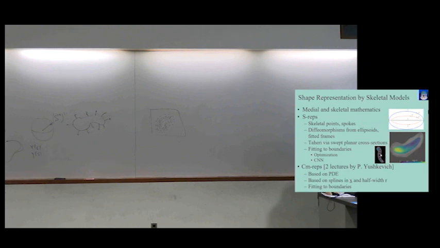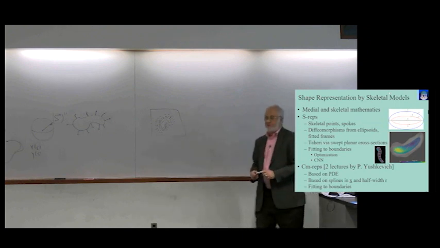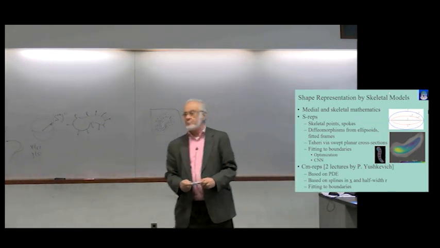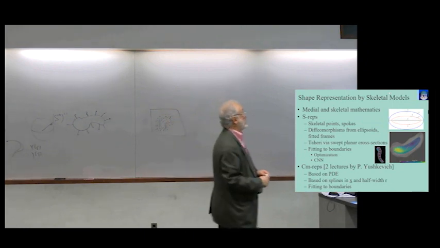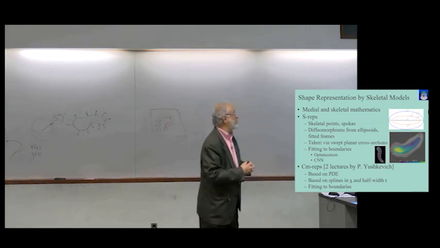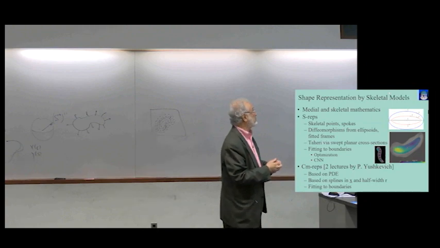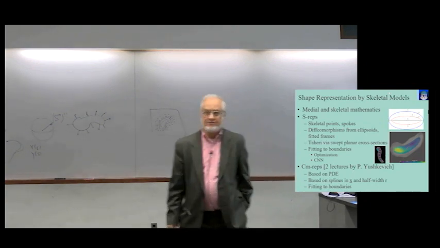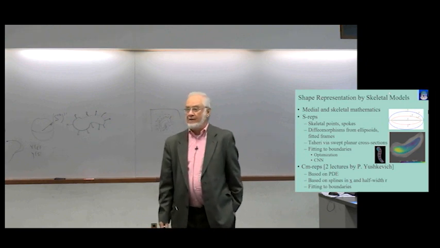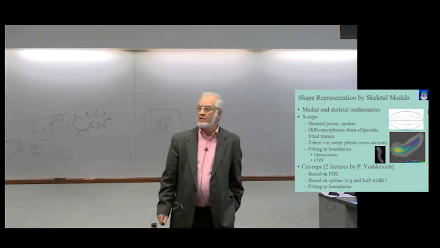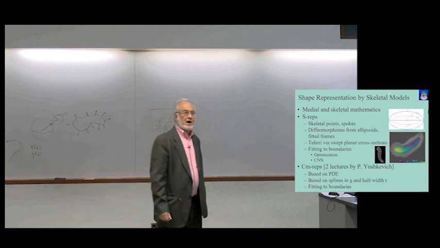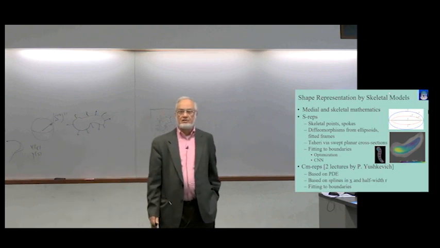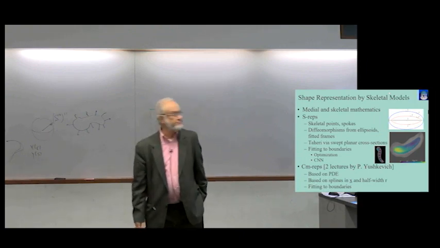Okay, so there's going to be a section on shape representation by skeletal models. There's some mathematics of it that we will cover at the appropriate time. There's a particular form of skeletal representation that was designed to be particularly effective to do statistics on. And that's what my research has been about, trying to come up with representations on which you can do good statistics.